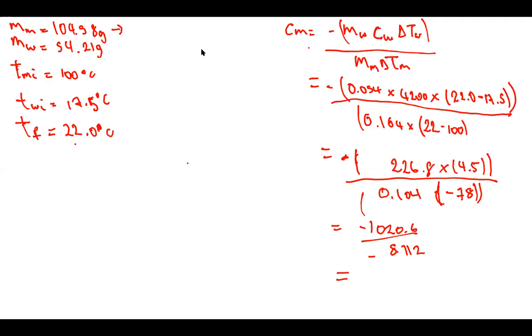1020.6 divided by 8.112. What do we have there? Alright, 125.7. DeMarco, you want to check that again? 1020.6 divided by 8.112. Probably it's my writing here. Let me fix that.